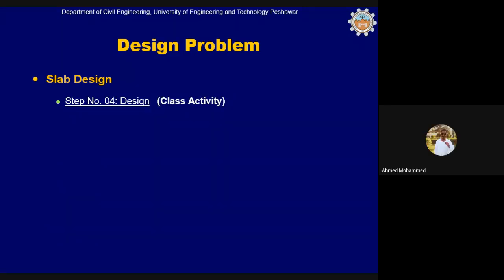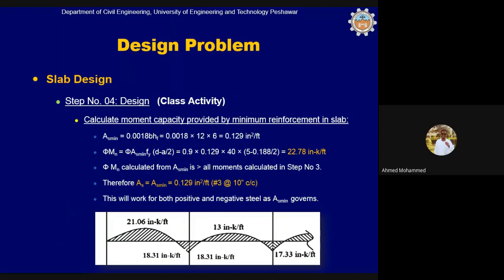Sir, the assumption of height of the slab is usually 6 inches, or according to what? Yeah, it depends on the span length of the slab. In all the cases that we've discussed so far, the slab span length was 10 feet. So for 10 to 12 feet, it is good to assume slab thickness equal to 6 inch for one-way slabs.